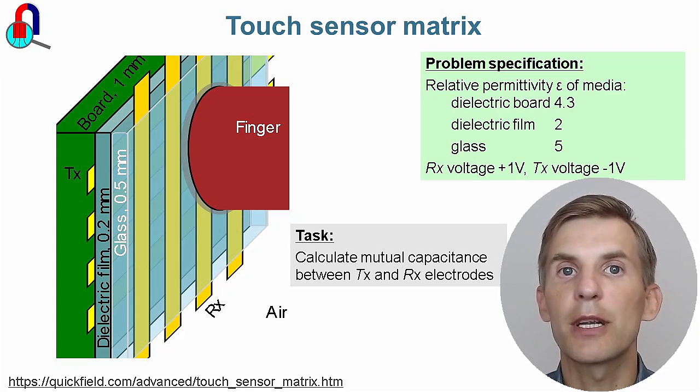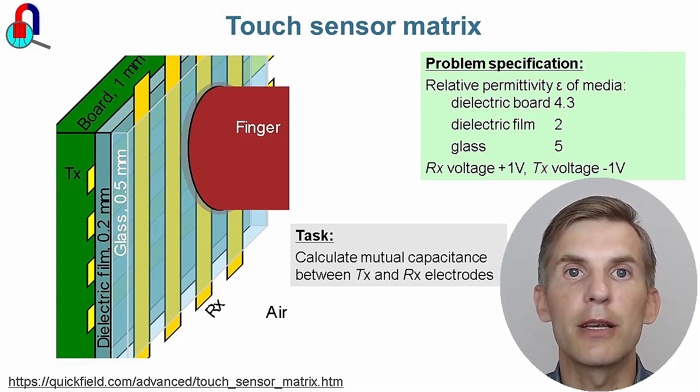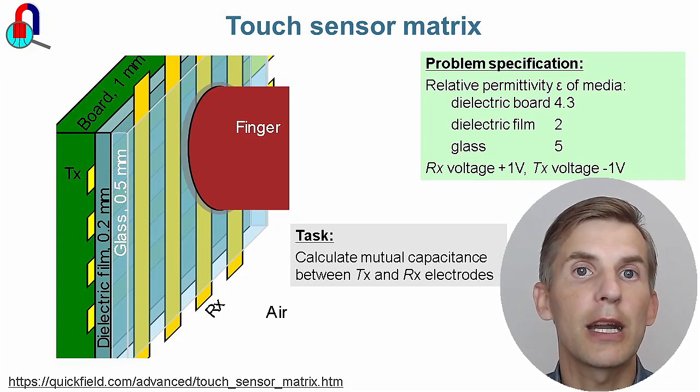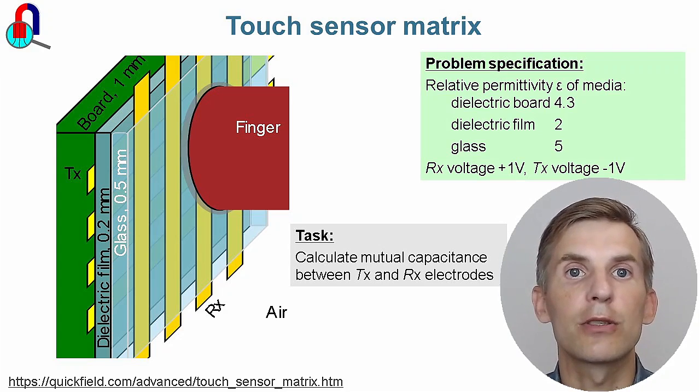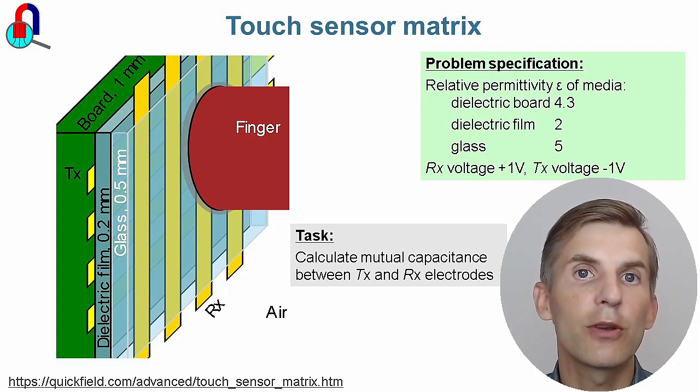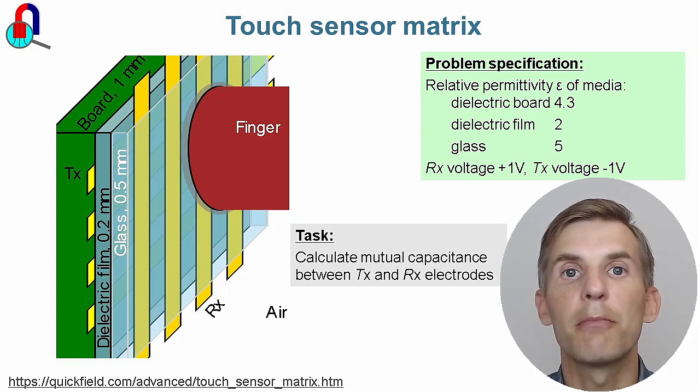Then you compare the capacitance values to the reference values that you have calculated for the open space. The pair of electrodes where the increase of the capacitance is more prominent should indicate the finger position. This way you can even detect multiple touch positions.